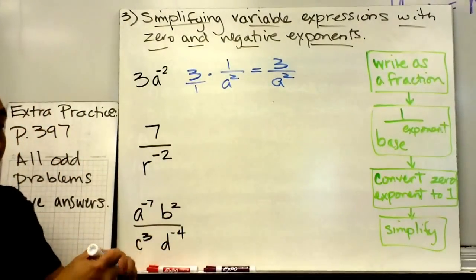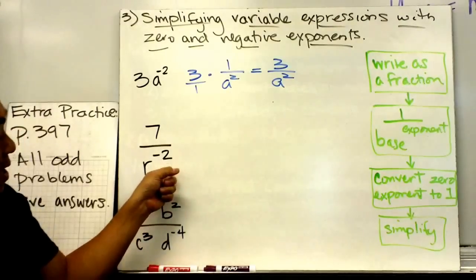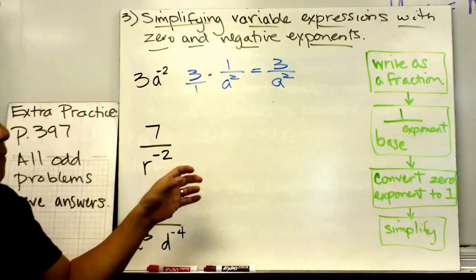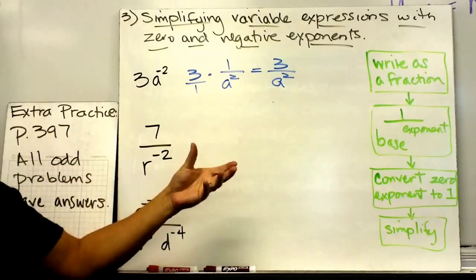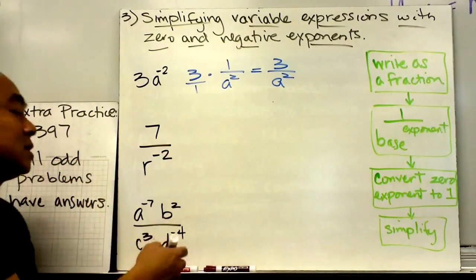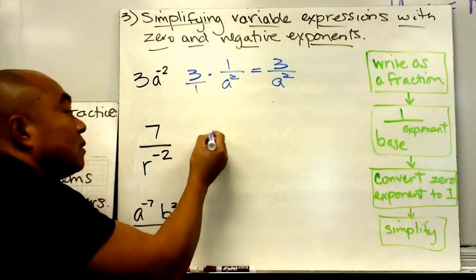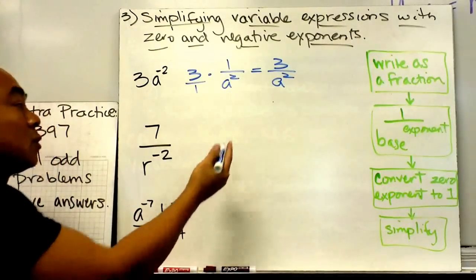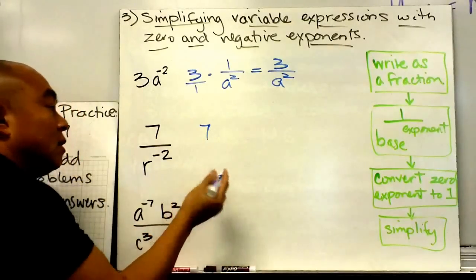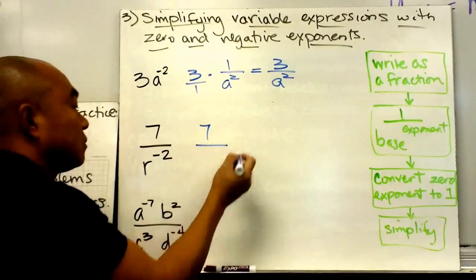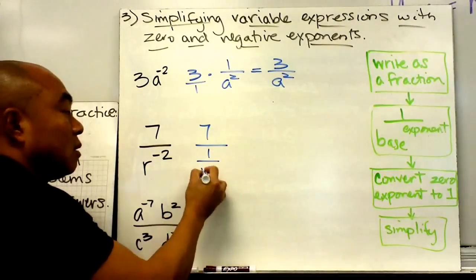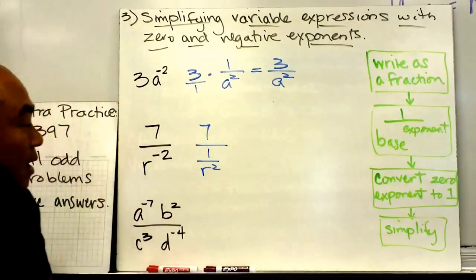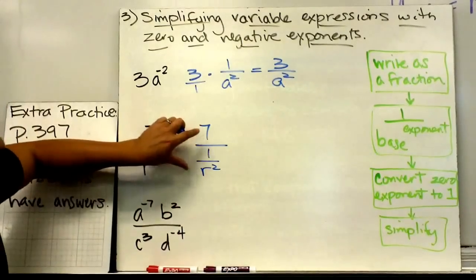Now, what happens when you see a negative on the bottom here? Well, a very simple thing happens. This basically just becomes the flip version of what it is. So this looks like 7. If I were to rewrite it out, it would look like 7 over, and then this is the weird part. It looks like 1 over r to the second power. And let's go ahead and just explore this part.